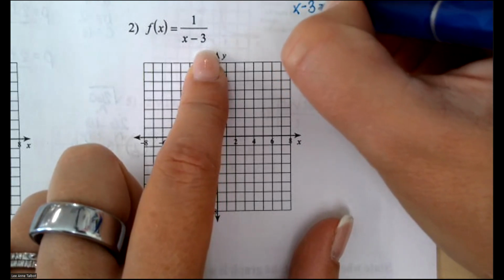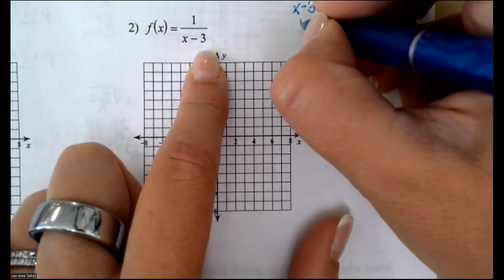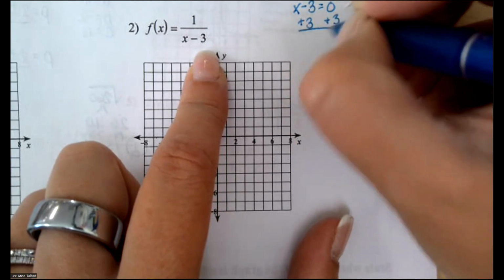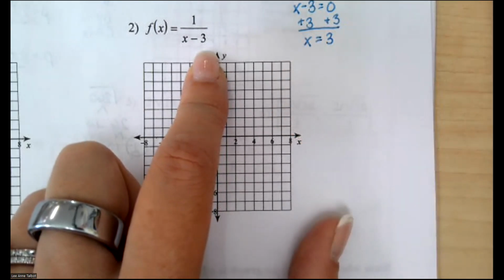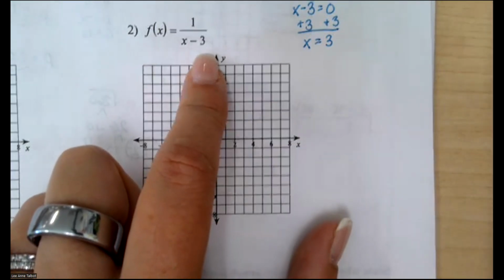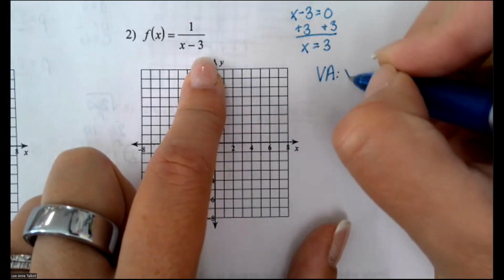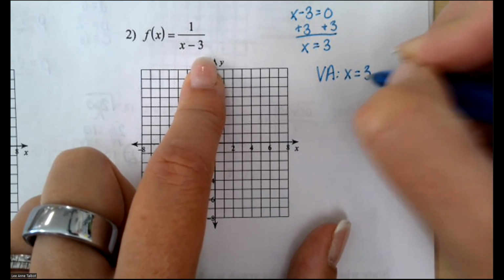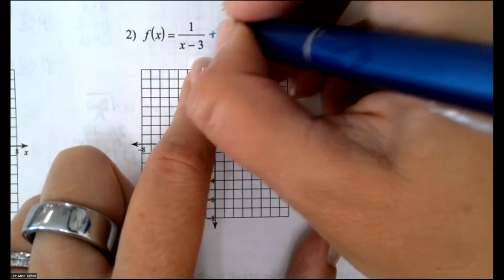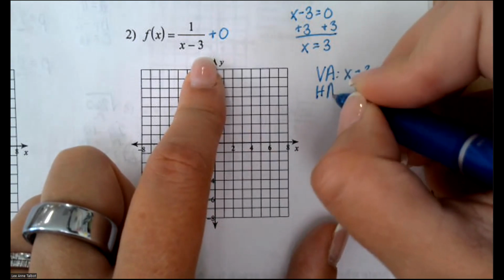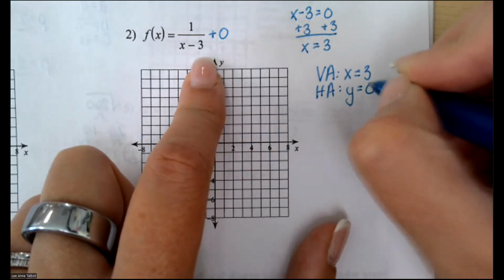x minus 3 equals 0. Plus 3, plus 3, x equals 3. Do you see where I got the x minus 3 from? Okay, vertical asymptote x equals 3. Horizontal asymptote y equals 0.